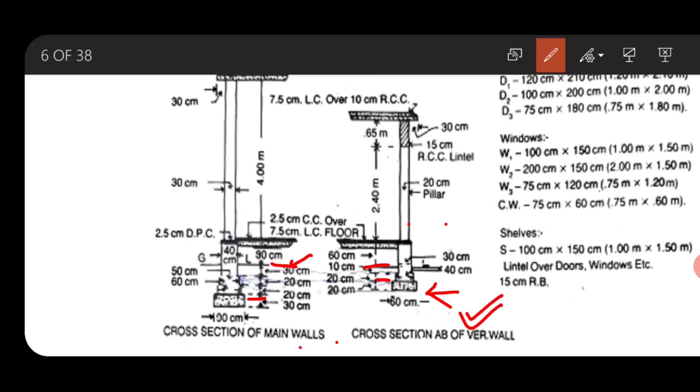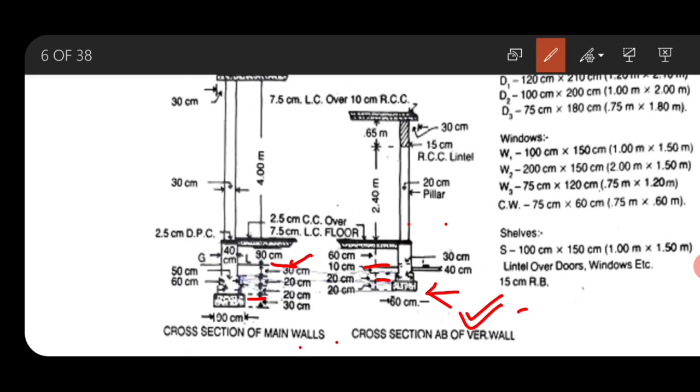Here the cement concrete work is prepared at a depth of 30 centimeter, while in case of 30 centimeter wall, the cement concrete work is done at a depth of 70 centimeter from the ground level.